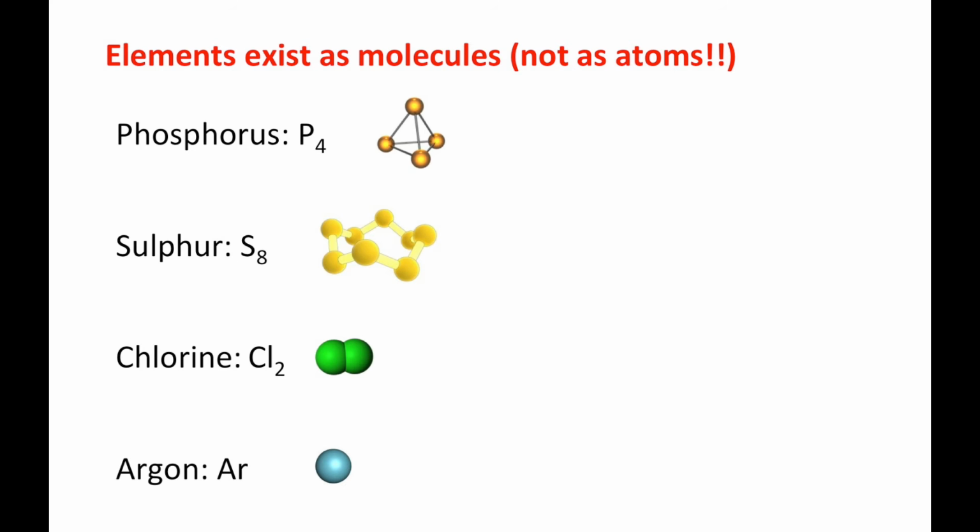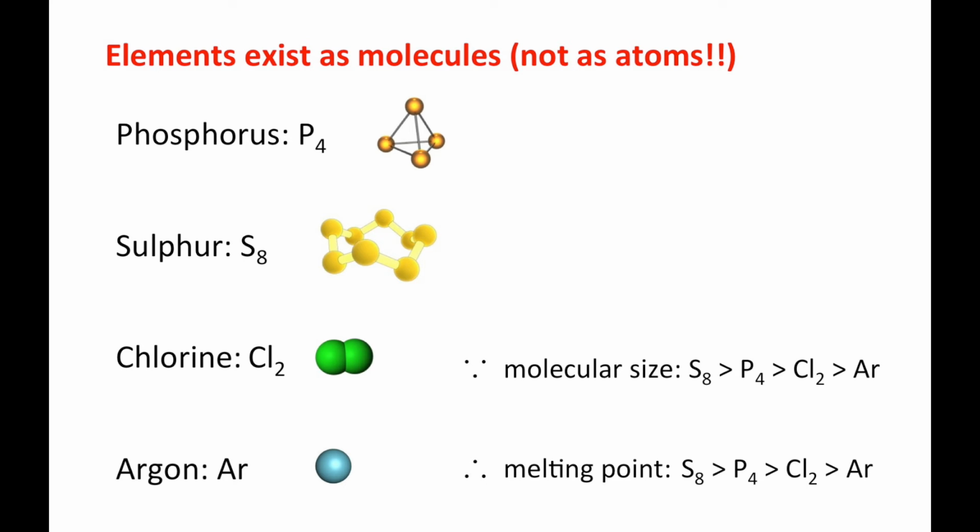Phosphorus exists as P4, sulfur exists as S8, with sulfur atoms joined together by covalent bonds to form a molecule, chlorine as Cl2, and argon as a monoatomic element. The molecular size is largest for sulfur, then phosphorus, chlorine, and argon. So the melting point also follows this trend, as in our observations.